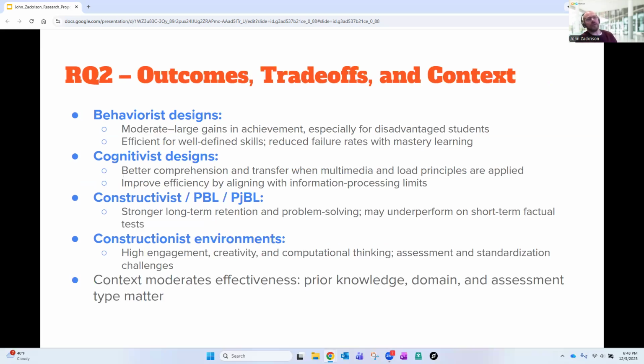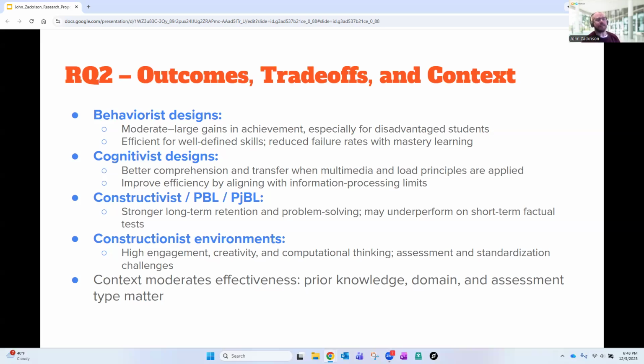Research question number 2 looks at outcomes, trade-offs, and contextual moderators associated with each process family. Here we see that meta-analyses of behaviorism or direct instruction show moderate to large positive effects on achievement across subjects and grade levels, with especially strong benefits for disadvantaged learners when the programs are implemented with fidelity.